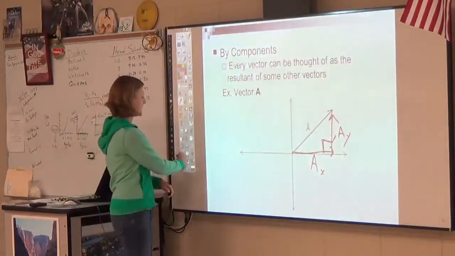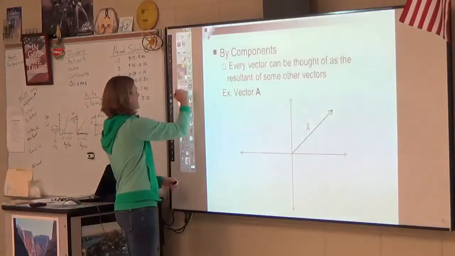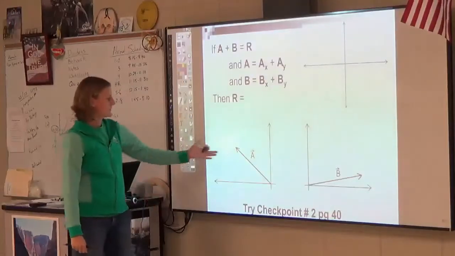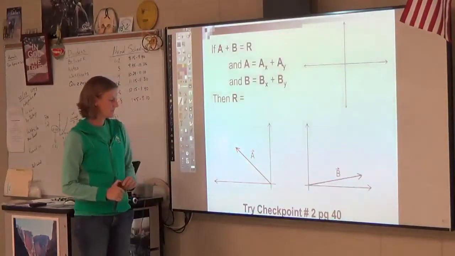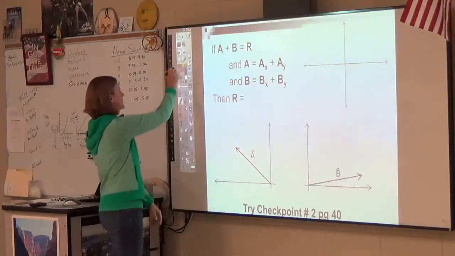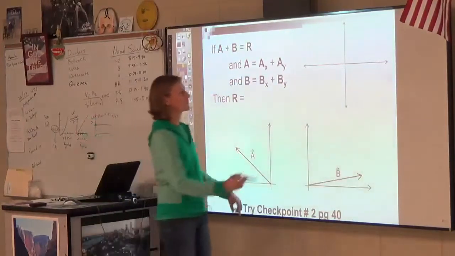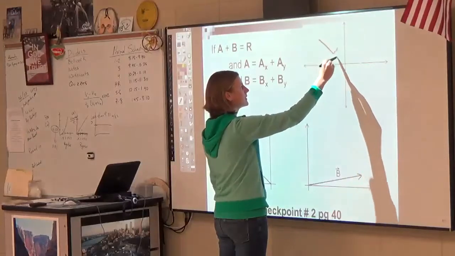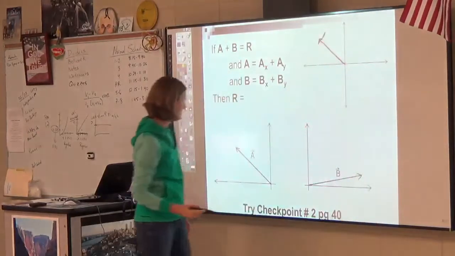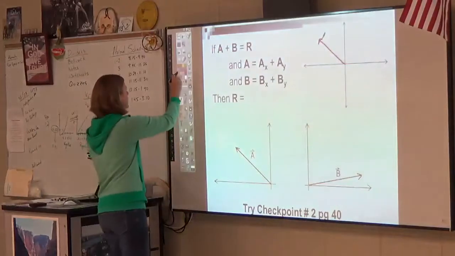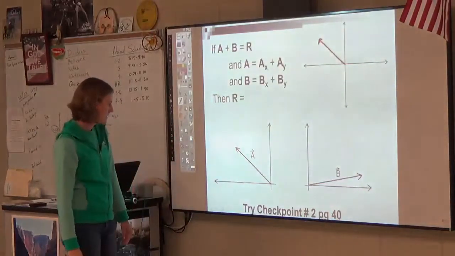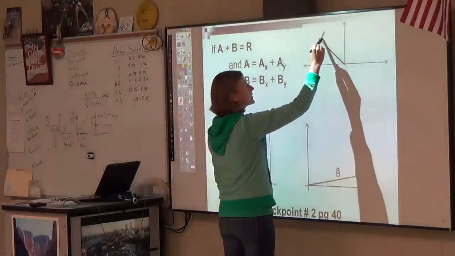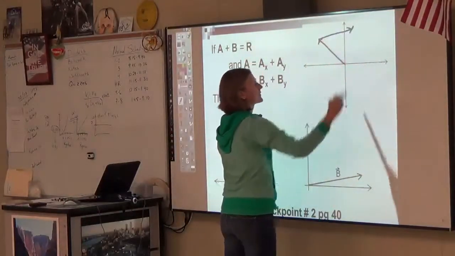All right, next slide. So for example, let's say you want vector A plus vector B. All right, vector A is red. Vector A is sort of like this. You can draw this if you want. And then vector B, it's a little bit longer in the directions over there.